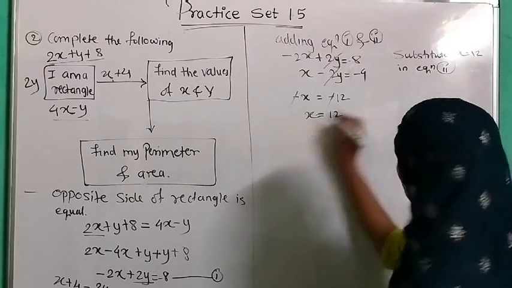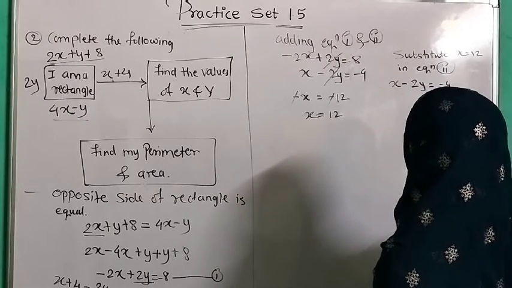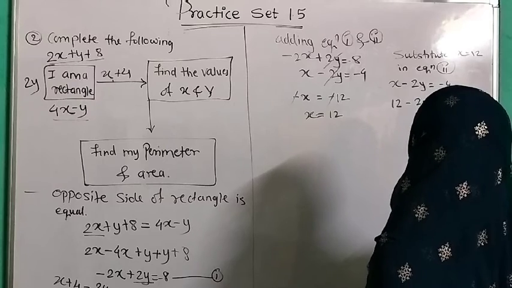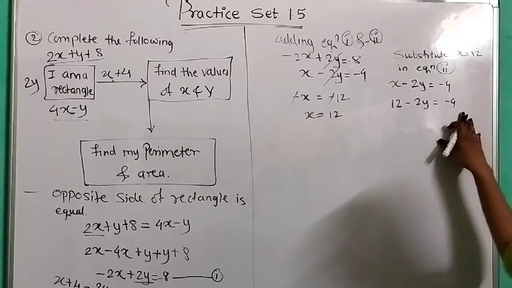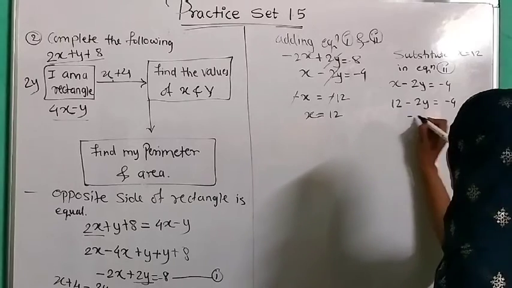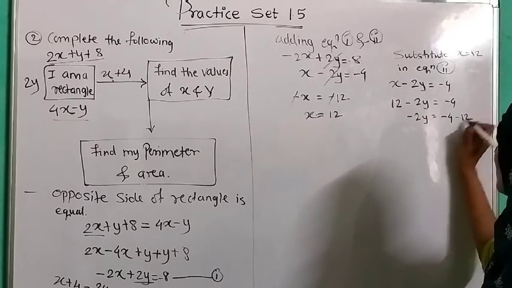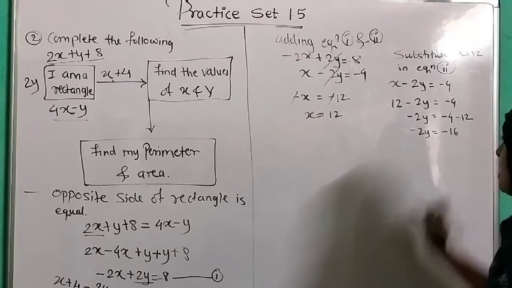So equation number 2 is x minus 2y is equal to minus 4. If x is equal to 12, then minus 2y is equal to minus 4. This 12 becomes negative and we are going to shift it here. Then minus 2y is equal to minus 4 minus 12. So minus 2y is equal to minus 16.